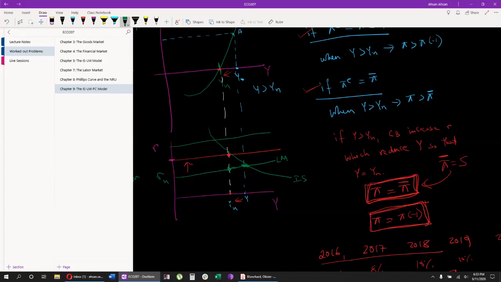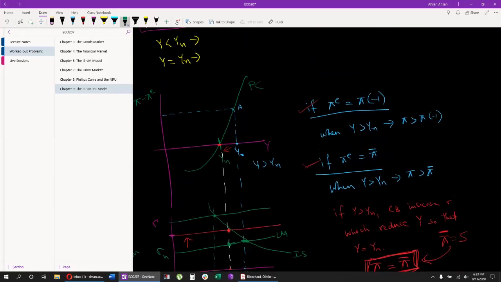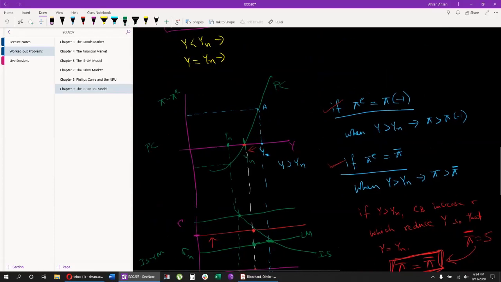If they take it here, this is where we are. So suppose this is y1, this is y2. Let's go up. We're at this point. This is y2. At this point, what is our inflation? Our inflation is negative, right?